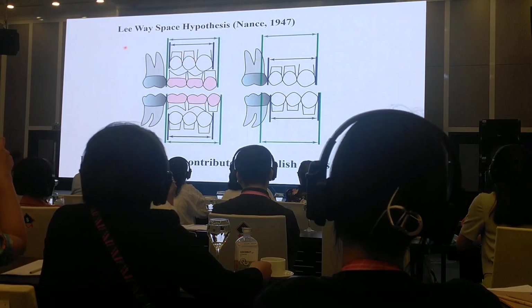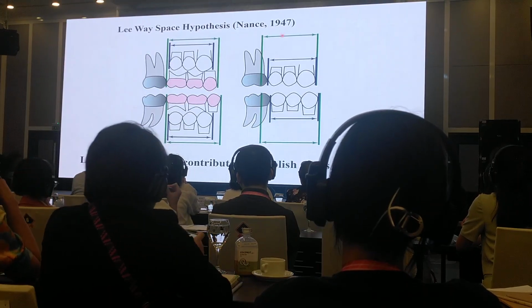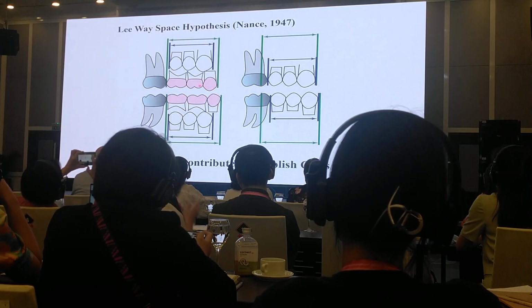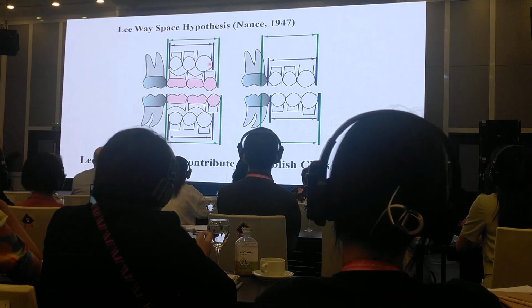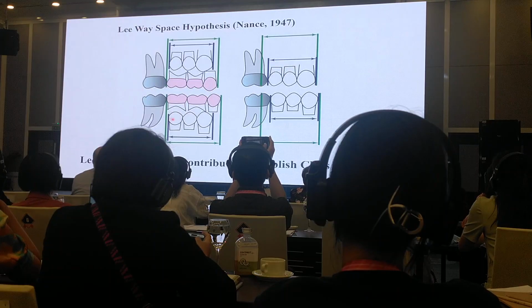Long time ago, we had the leeway space hypothesis. Everybody knows this. Nance proposed this idea in 1947. If you compare the buccal segment, measuring the distal distance, the size of the teeth, the permanent teeth are smaller than the milk teeth.